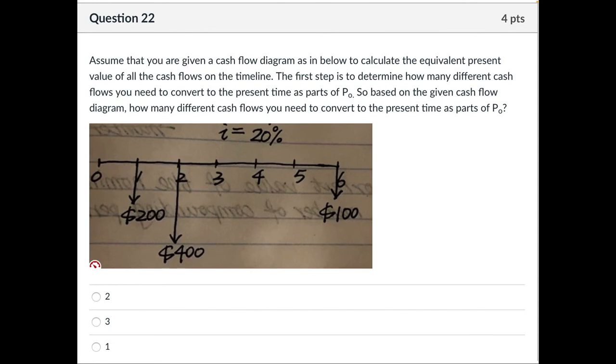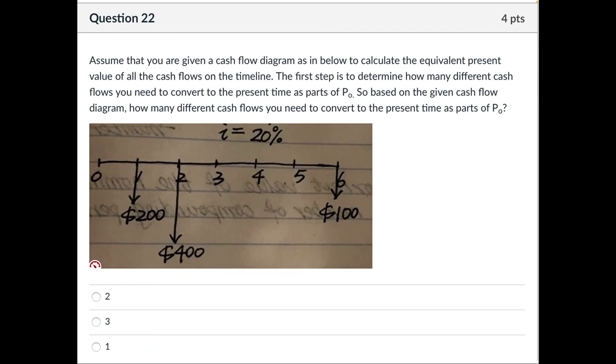Okay, the last problem. Assume that you are given a cash flow diagram as below to calculate the equivalent present value of all the cash flows on the timeline. So it's a multiple cash flow problem. The first step is to determine how many different cash flows you need to convert to the present time as parts of P0. Remember what we have done in the class. We always look at how many parts you need to convert for P0, for present worth.